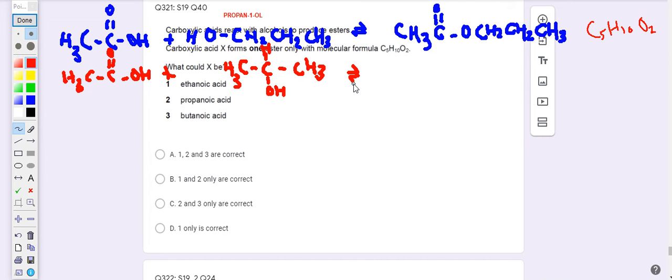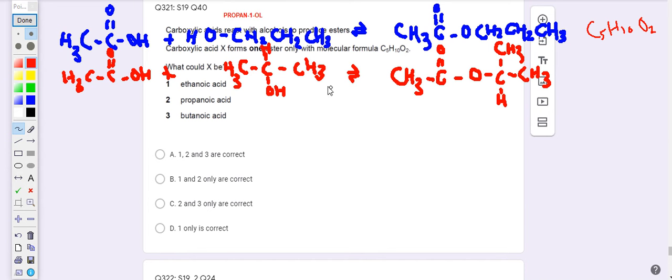Okay, at the end, I actually get this type of ester, CH3, CO, bonded to this C. Sorry, the O first, then the C. Remove this H. Okay, now I have CH3, another CH3, and then here H. Now again, I count the number of carbon, hydrogen, and oxygen in this ester, and I realize that it is still C5H10O2.